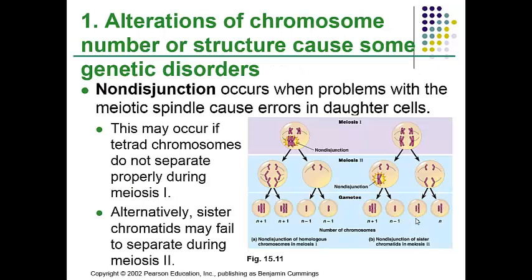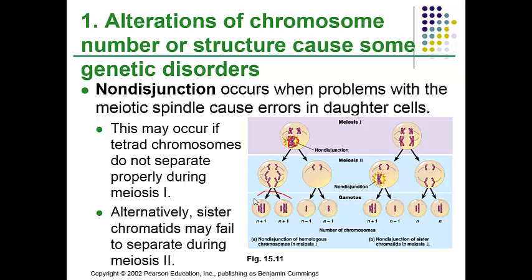There are several disorders caused by mistakes that take place during meiosis. These disorders are usually caused by a process called nondisjunction. Nondisjunction occurs when chromosomes fail to properly separate during meiosis. Here you see nondisjunction during meiosis 1. The homologous pairs fail to separate, both go to one side.